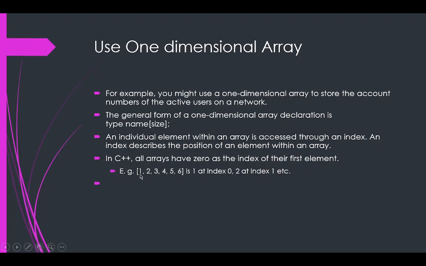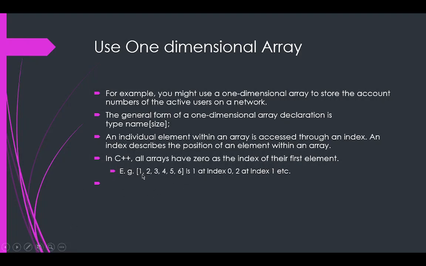Meaning that if you have this array, this is an array of numbers. This one is going to be int numbers, and let me make it 1, 2, 3, 4, 5, 6. We are going to make it int numbers and give it 6. And then when we want to access any value within this one, we are going to access using the indexes.